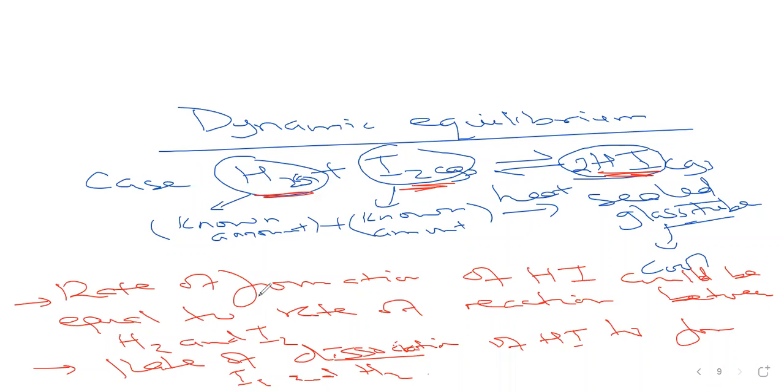Dissociation is this backward reaction, hydrogen iodide forming iodine and hydrogen. When that happens, we say that the system is in a dynamic equilibrium. The system is in a dynamic equilibrium. And it brings me to a definition of a dynamic equilibrium. What is a dynamic equilibrium in a chemical equilibrium?